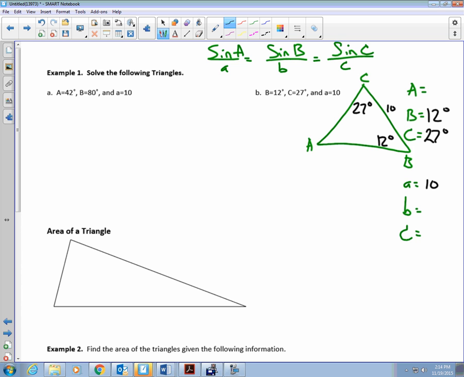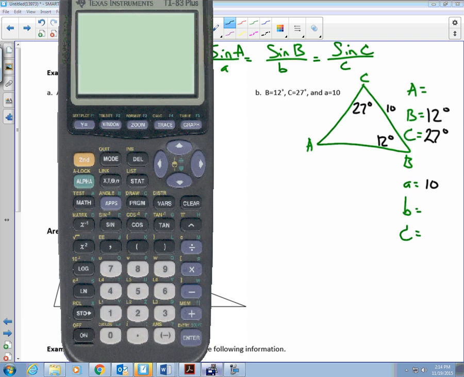Now, in order for law of sines to work, we have to know an angle and its opposite side. Are we given an angle and its opposite side yet? No, but could we figure out this angle so that we would know the angle and its opposite side? Yeah, how do we figure out this angle? We subtract those two from 180.